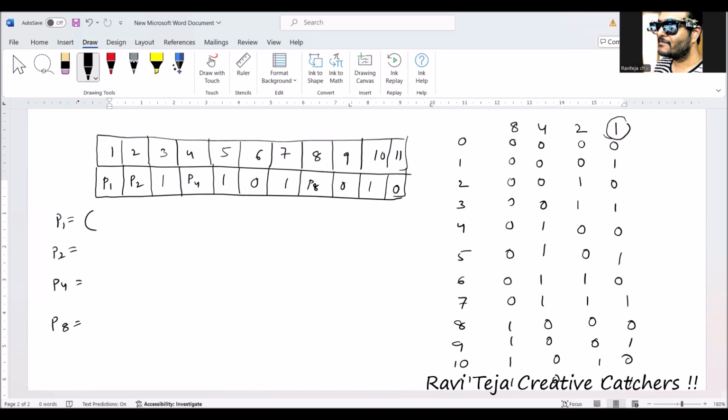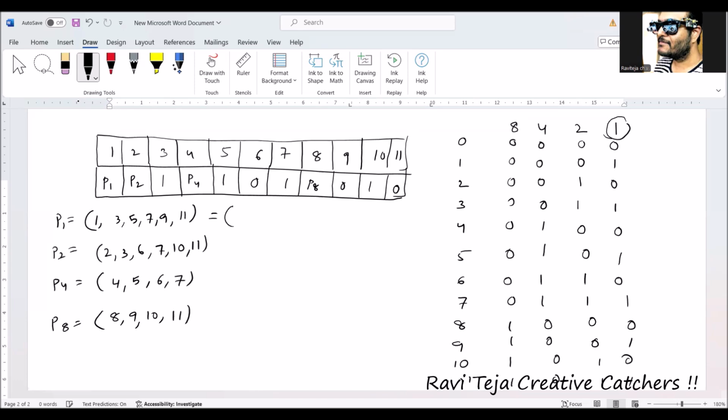For P1, they are 1, 3, 5, 7, 9, 11. For P2, there are ones at positions 2, 3, 6, 7, 10, 11. For P4, there are ones at positions 4, 5, 6 and 7. And for P8, there are ones at 8, 9, 10, 11.